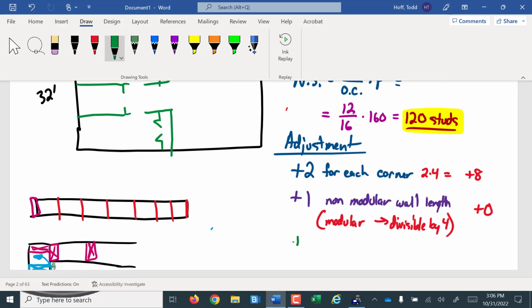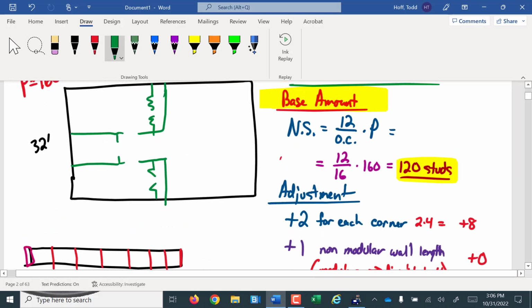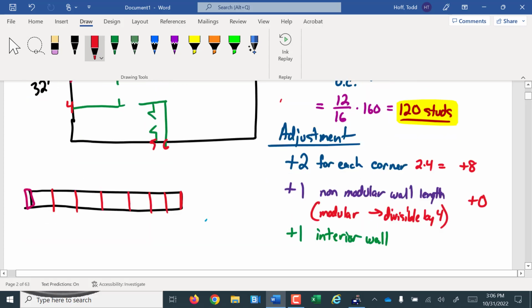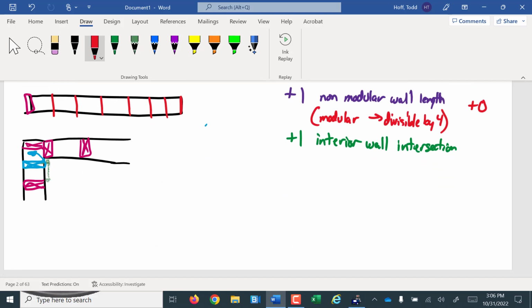So this next one is +1 for interior, they call it partition, this is interior wall intersection. So here we have 1, 2, 3, 4, 5, 6 interior walls intersecting the exterior wall. So that's 1 times 6, or +6.